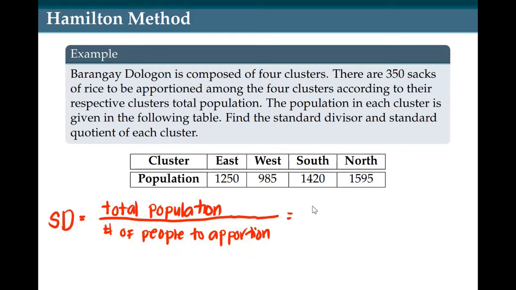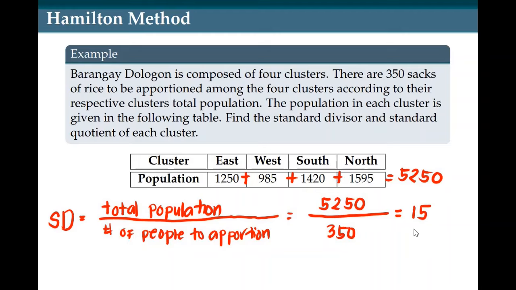In this case, the total population is the sum of the population, and this is equal to 5,250, divided by the number of people to apportion, and in this case, we have 350 sacks of rice to be apportioned. Using your calculator, this is equal to 15. So our standard divisor is 15.